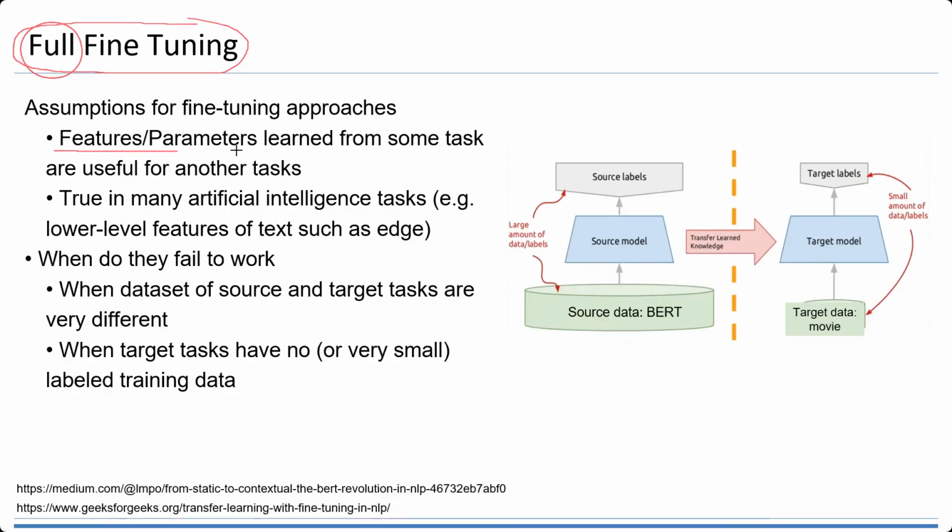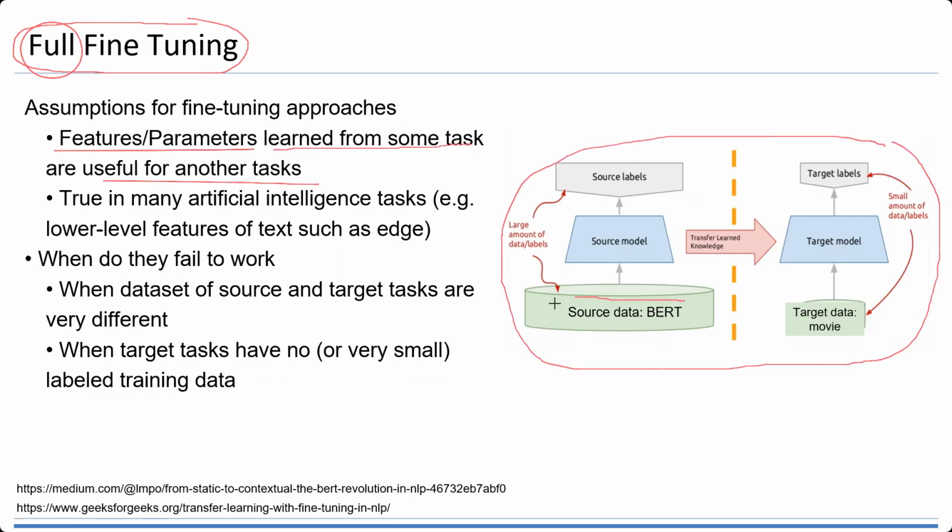We already learned we can use the features and the parameters learned from some tasks that are useful for another task. So if you look at this diagram, suppose we have the source data like BERT. BERT is the pre-trained model.